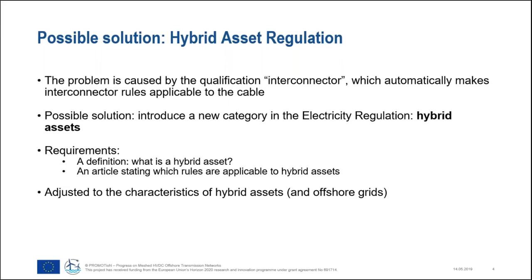The requirements are a definition, so what is a hybrid asset, and an article in the electricity regulation stating which rules are applicable to hybrid assets. This article should then be adjusted to the characteristics of hybrid assets and offshore grids, because we're now talking about hybrid assets, but the solution should also work for the meshed offshore grid as a whole.